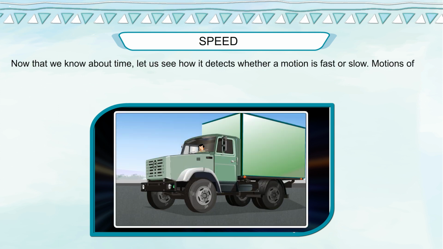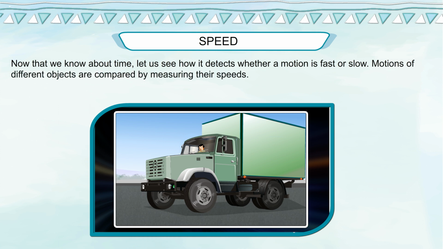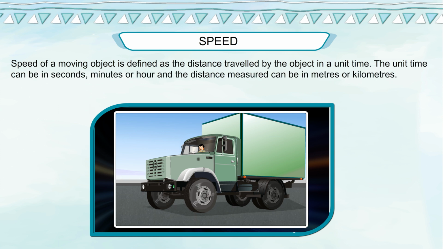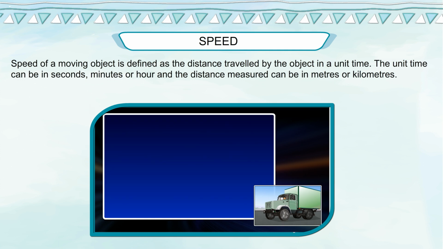Speed. Now that we know about time, let us see how it detects whether a motion is fast or slow. Motions of different objects are compared by measuring their speed. Speed of a moving object is defined as the distance traveled by the object in a unit time. The unit time can be in seconds, minutes or hour, and the distance measured can be in meters or kilometers.